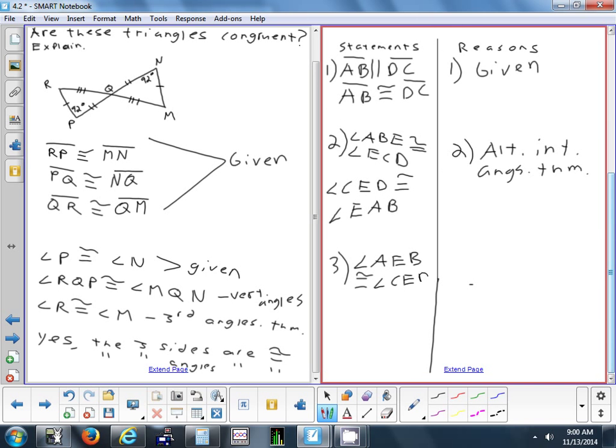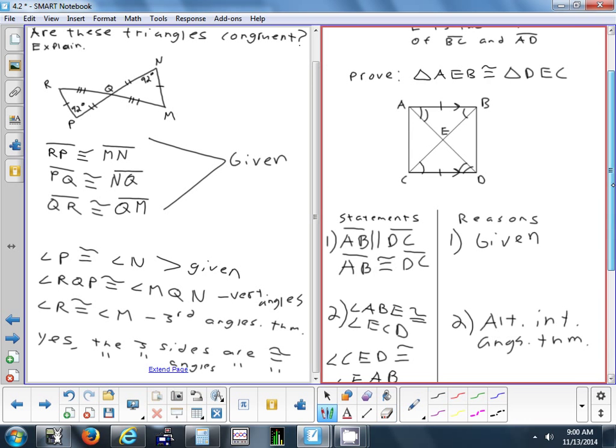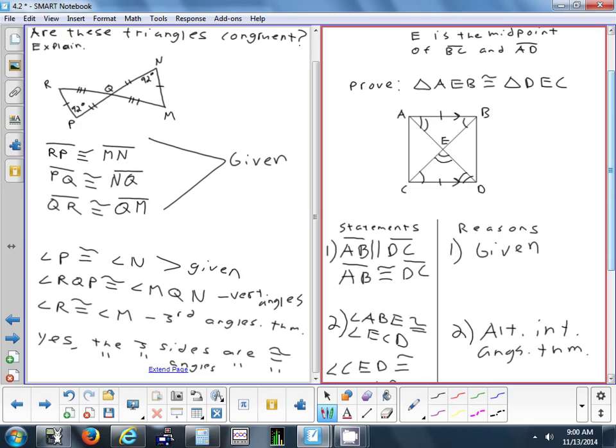And what was the reason for that? Because they're vertical. Yep, vertical angles. So we've proven all the angles are congruent. We can mark those if we want. So all the angles match.